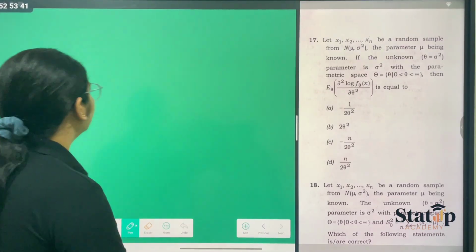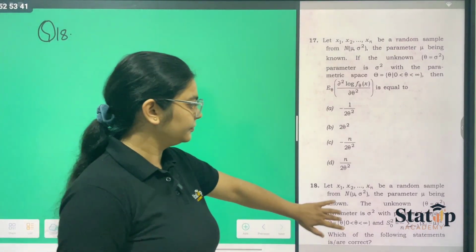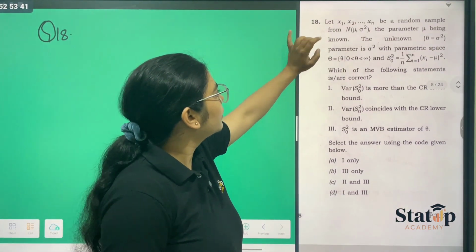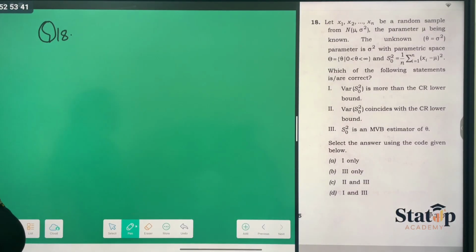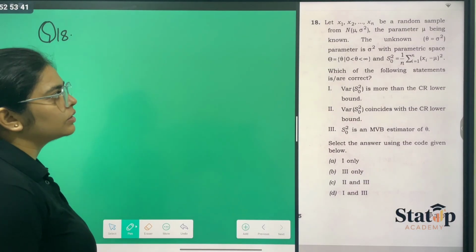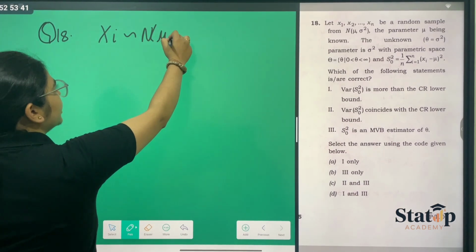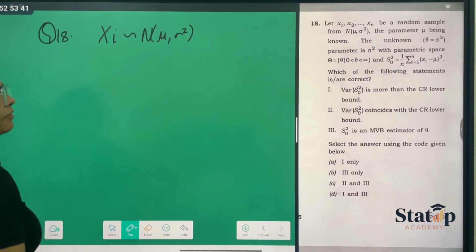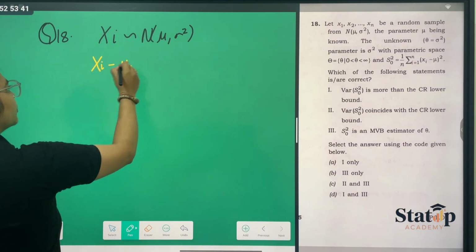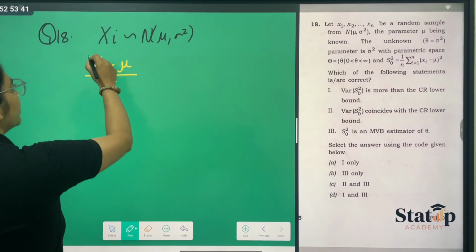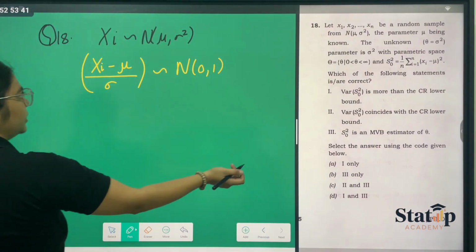Now moving towards question number 18. This is the question of CR lower bound, and they have given us that xi follows normal distribution with mean mu and variance sigma square. So let us take (xi minus mu) upon sigma, which follows the standard normal distribution.